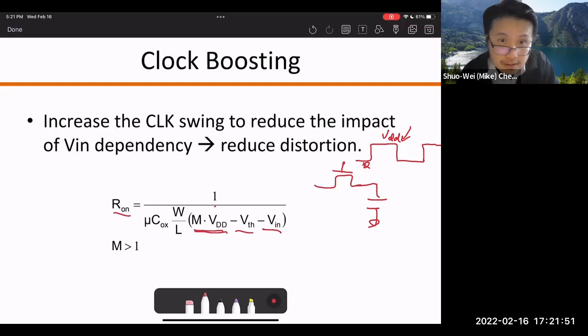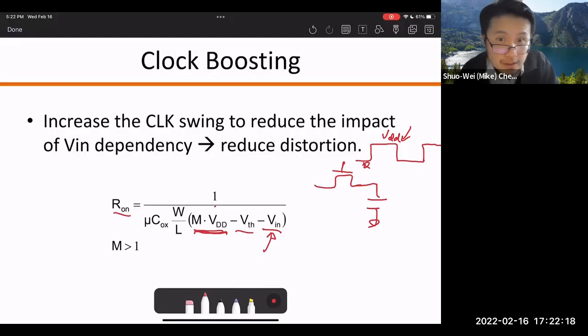If I increase the clock swing, so this M times VDD is larger than VDD, what is the impact of V in on the R on? Assuming my input swing is still the same, let's say V in is changing from 0 to 100 millivolts.